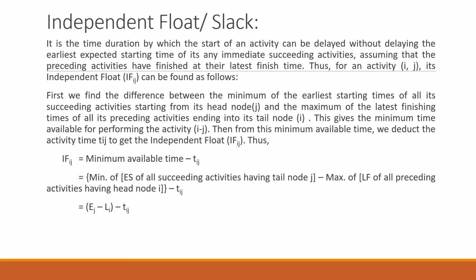Here we are using Ej minus Li. The node number changes here. Ej is represented as the earliest starting time of your succeeding activity, having the tail node. And thus we can also write IFij equal to Ej minus Li minus tij.